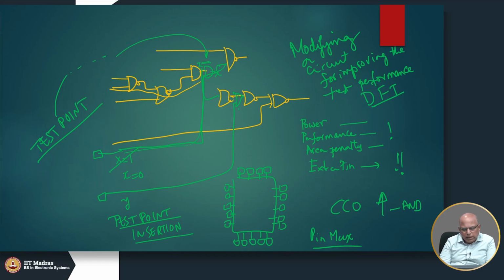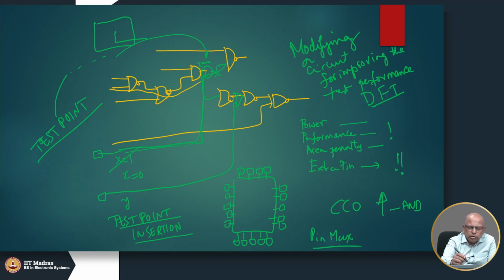If the observability is very poor, if there is a wire whose observability is really terrible, then one simple way is to just bring out the wire as an extra output. Just make that an output pin. Normally, it is not an output pin.